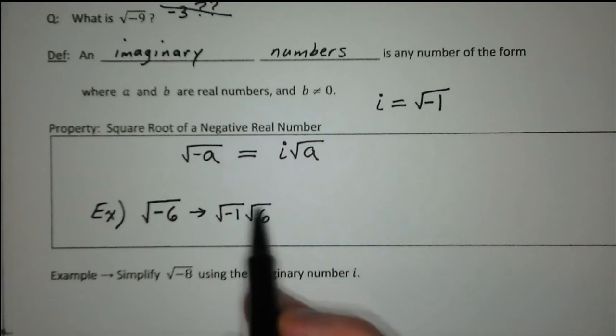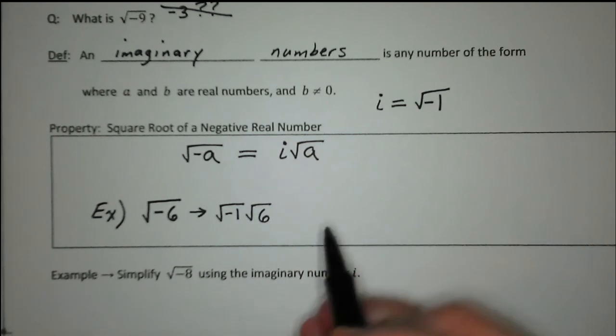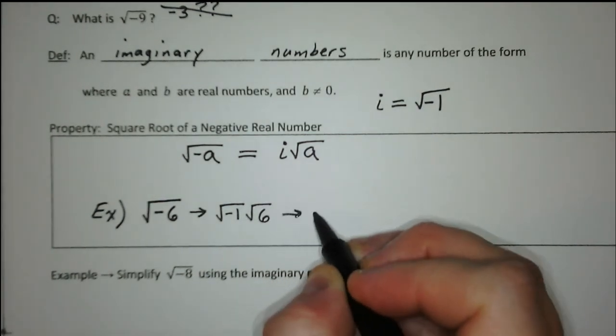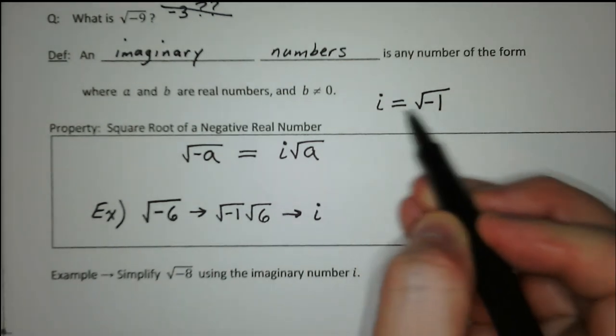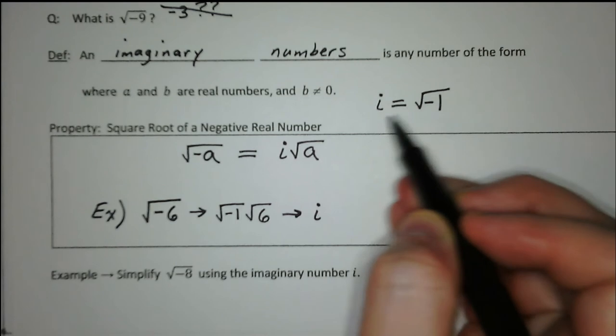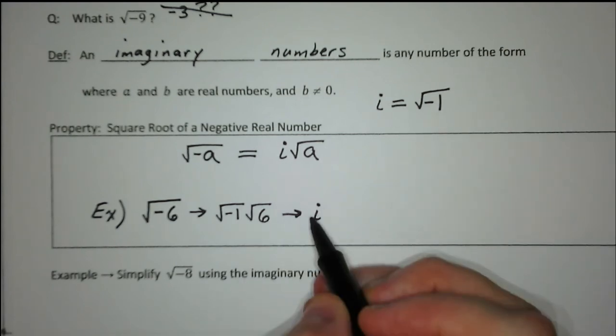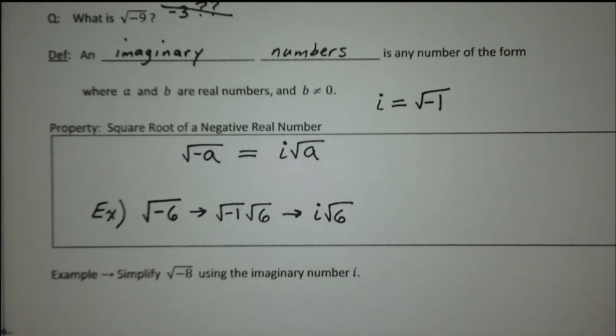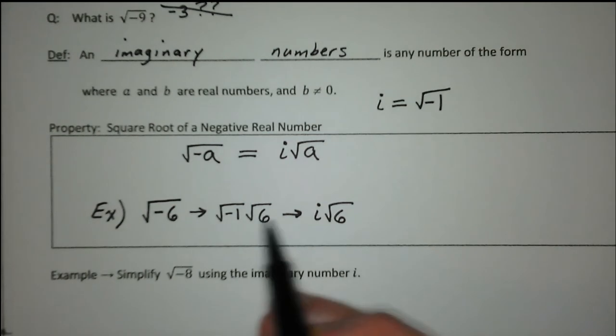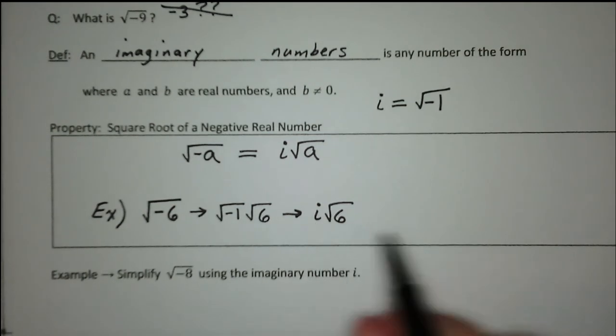We break off the negative 1 because the square root of negative 1 is I, by our own definition. Then the square root of 6, and that's all you really do. You break off the negative and bring an I out, because the square root of negative 1 is literally what we're calling I.